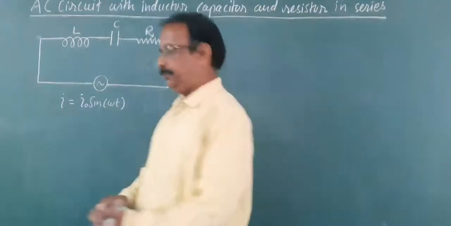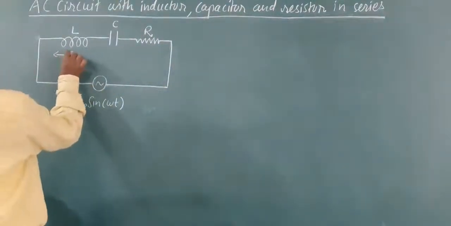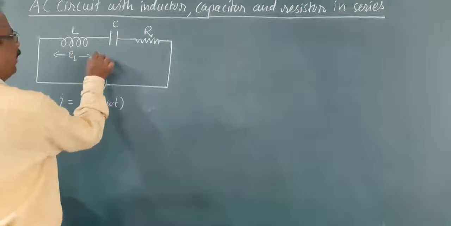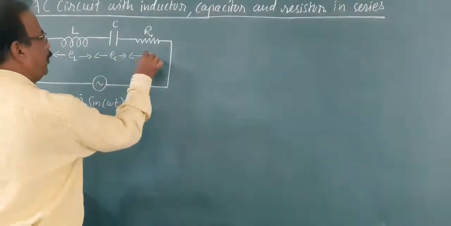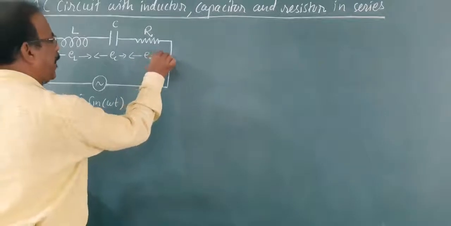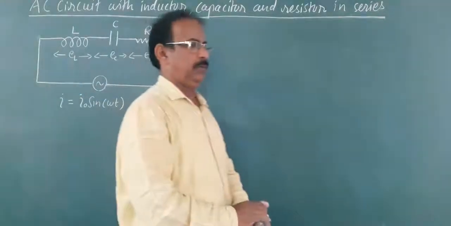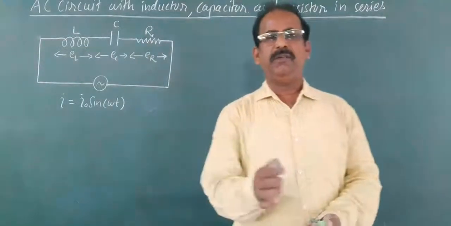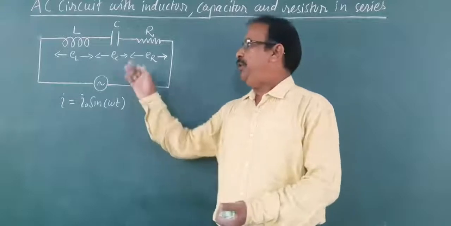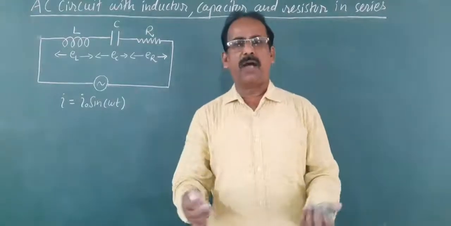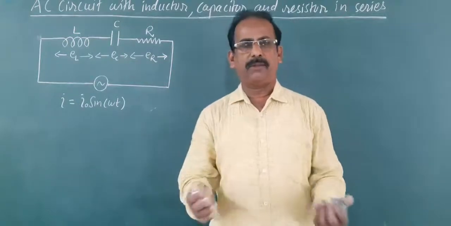Now, the EMFs that we get across different components will be in different phase with this current. Suppose that EL is the EMF across inductor, EC is the EMF across capacitor, ER is the EMF across resistor.